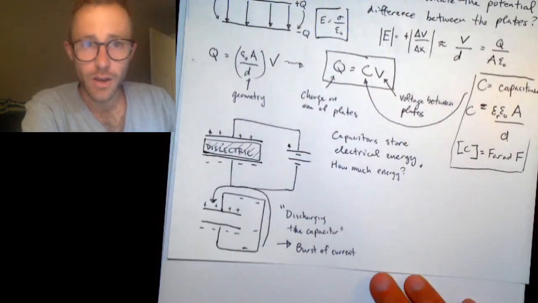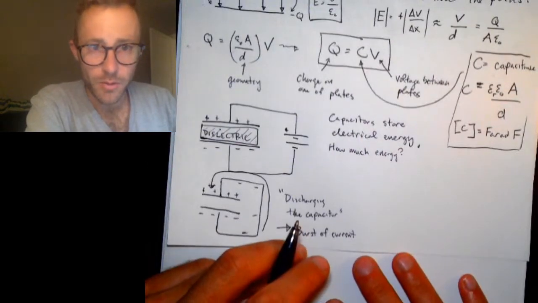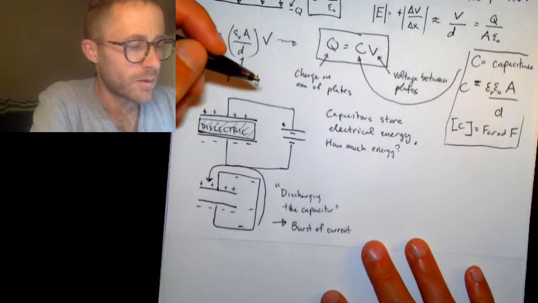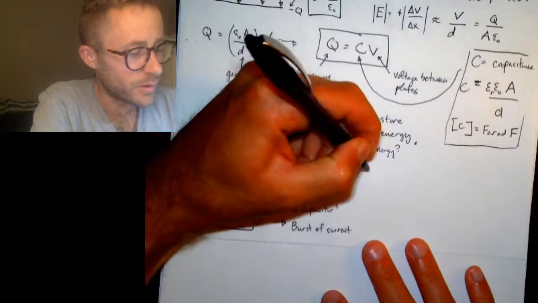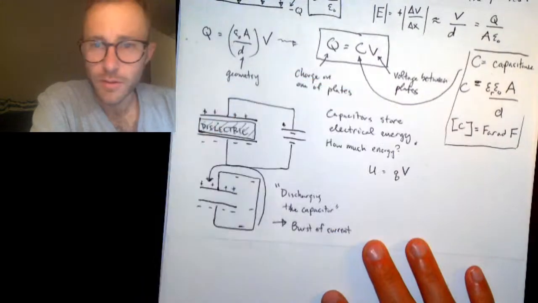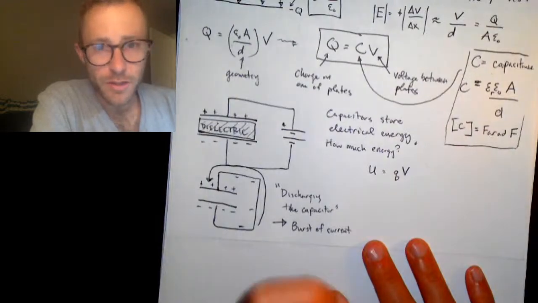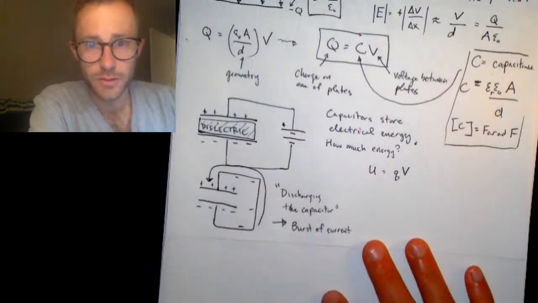Okay, so let's calculate it. You might remember that the definition of electrical potential energy is charge times voltage. So what if we put a little bit of charge on the positive capacitor plate? How much more potential energy would you get?